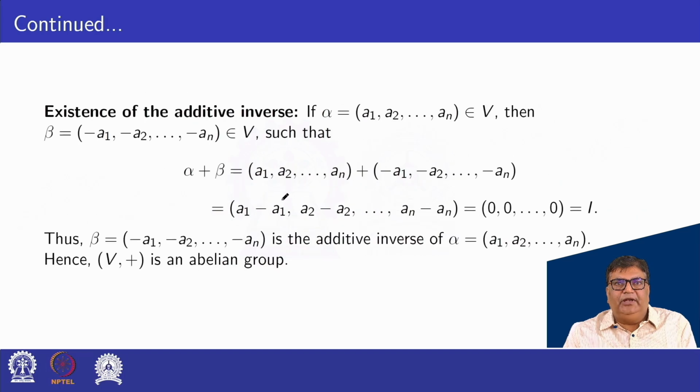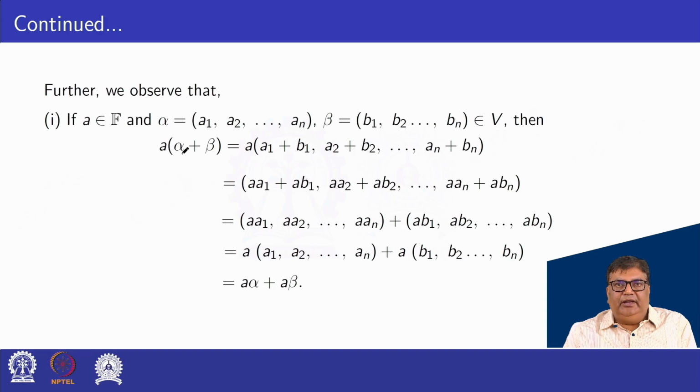So we can multiply this scalar a with the n-tuple (a1 plus b1, a2 plus b2, and so on, an plus bn) as (a into (a1 plus b1), a into (a2 plus b2), and so on, a into (an plus bn)), that is (a a1 plus a b1, a a2 plus a b2, and so on, a an plus a bn).